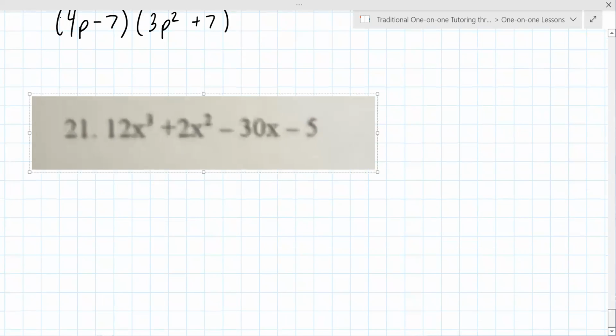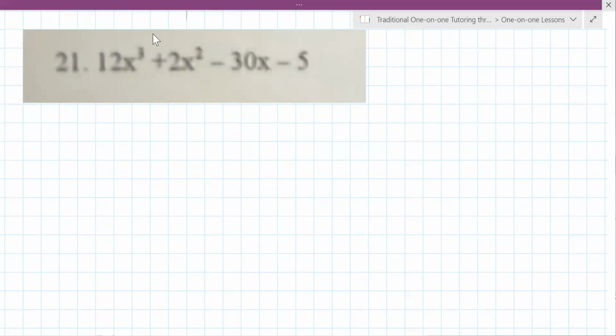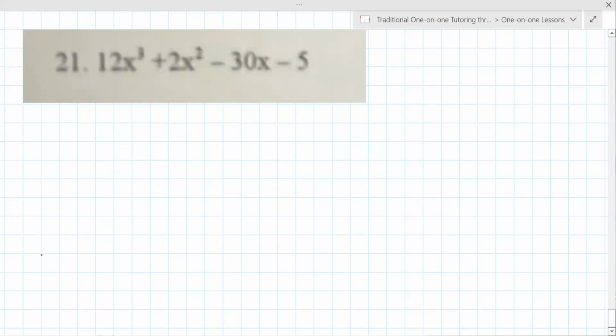Okay, I want you to tell me the GCF of the first two terms, please. 2. 2, anything else? 2x. What's the lowest exponent between them? 2x squared.